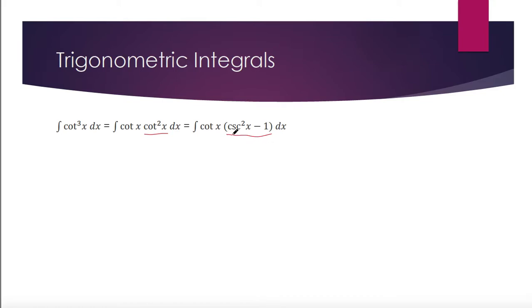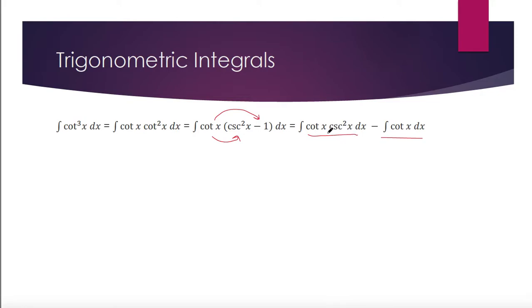Now, obviously you're going to distribute, right? You're going to distribute the cotangent to each of these two terms to give you precisely these two integrals. We're splitting the difference into two separate integrals to make it easier to work with one individual integral without any complications.